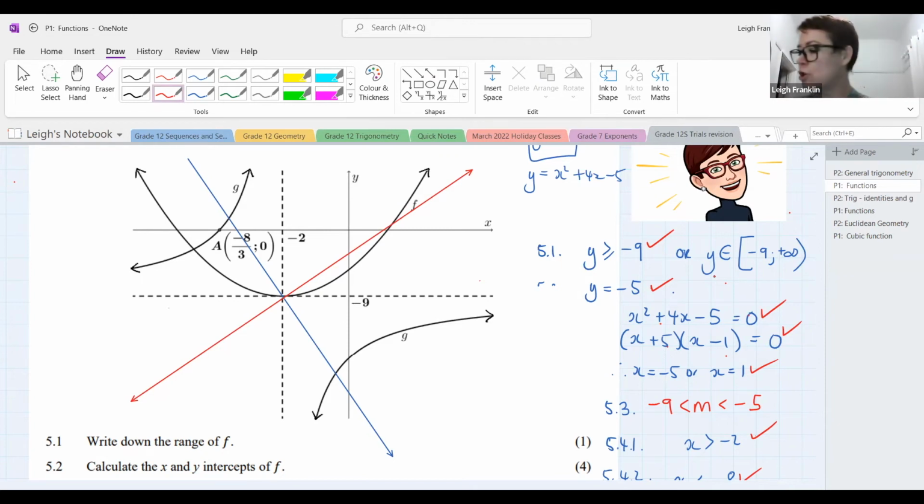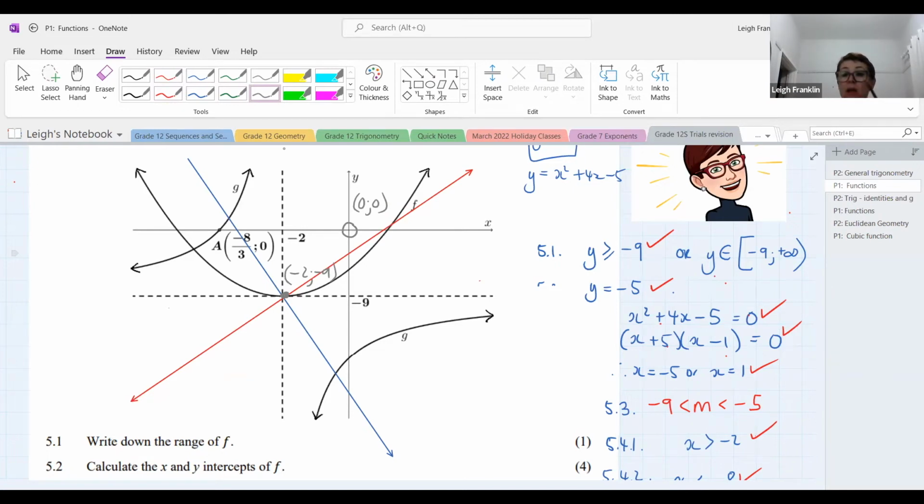Our origin is no longer located at 0 and 0. This is our original origin over here, but now it's located over here. The coordinates at this point are -2 and -9. The two lines intersect one another at that point.